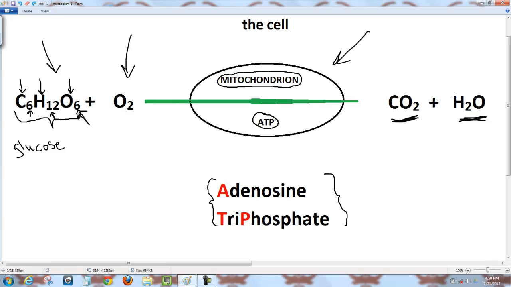Now we should know from our basic science that there's a maxim in science that matter is neither created nor destroyed. Our atoms are matter. So we have 6 carbon, 12 hydrogen, 6 oxygen, 2 more oxygen right here. Over here we only have 1 carbon, not 6.